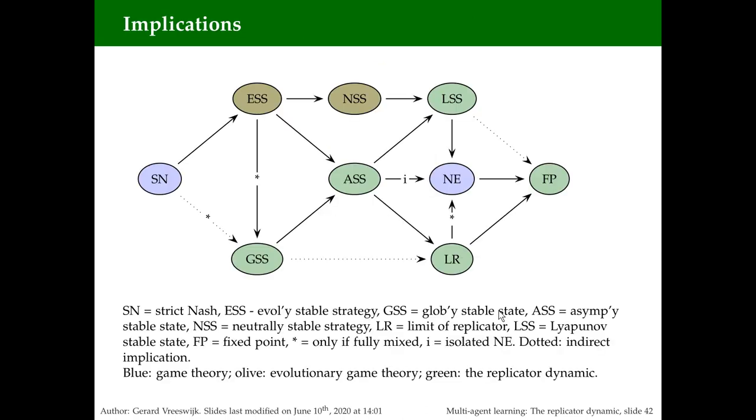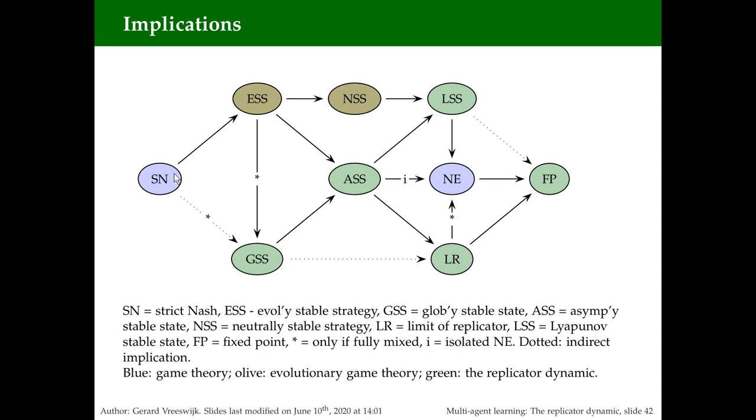So previously I gave some results, but it is difficult to obtain an overview of all those results and interconnections and so on. First, look at the color of the nodes. The blue nodes refer to game theory.